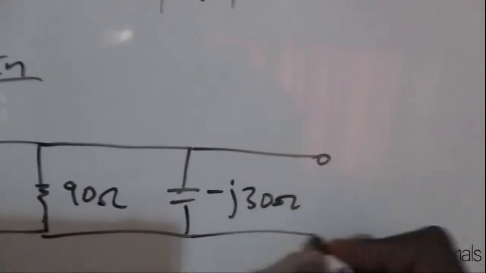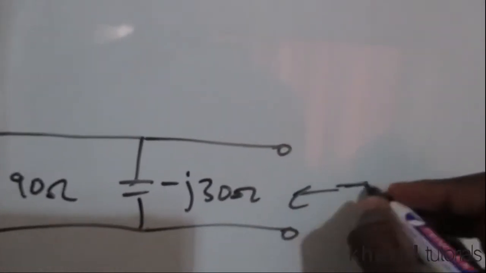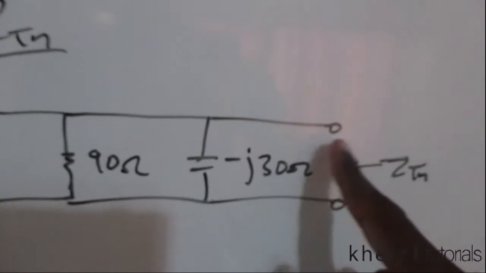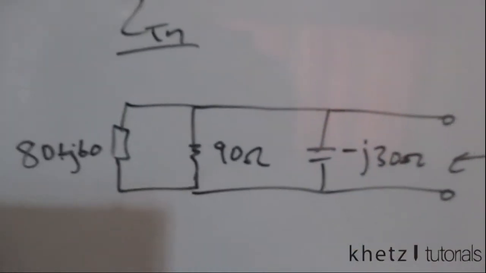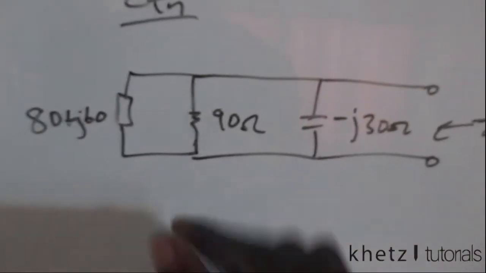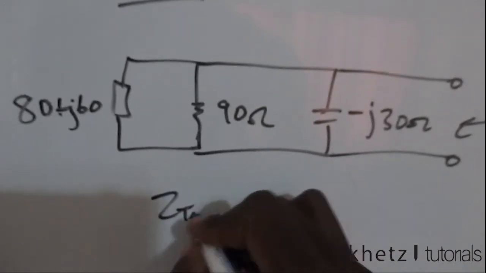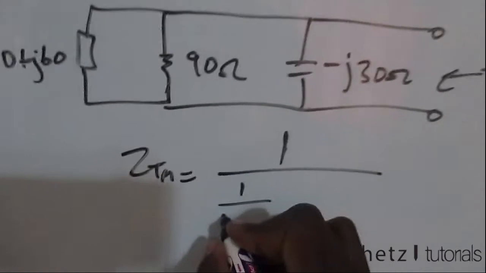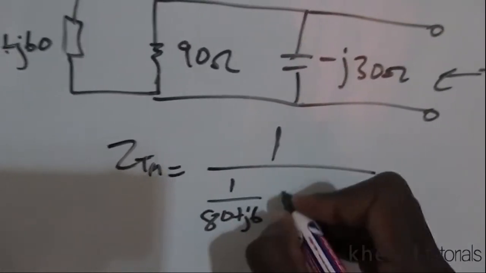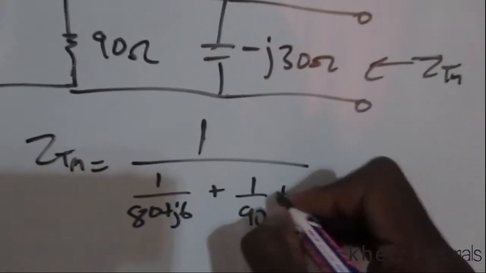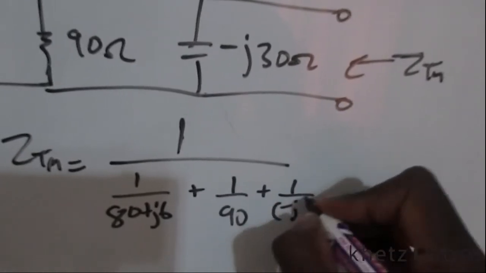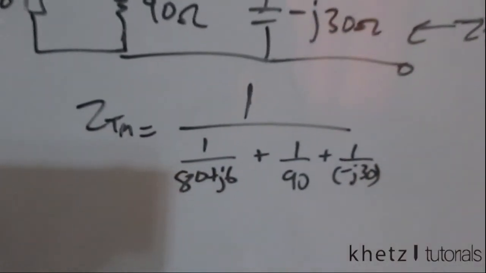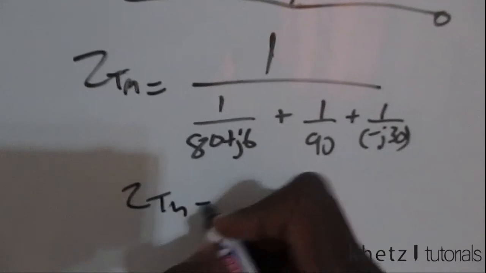We are interested in finding our ZTH with respect to where we have the load. So this ZTH we can find just by combining all of these in parallel, which can be done by doing this.